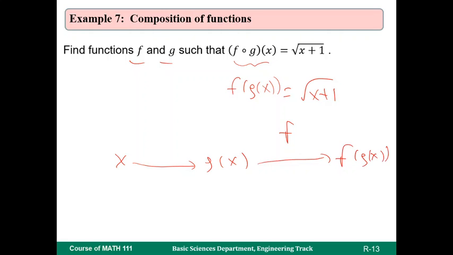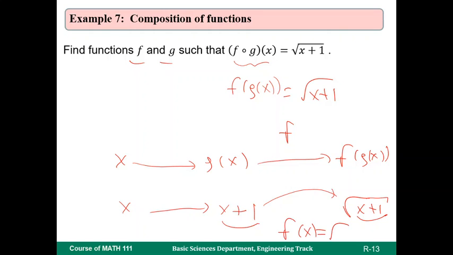For example, take g to be x plus 1, and then how can you get the square root of x plus 1? This function is taking x plus 1 to the square root, so you can say f of x equal to the square root of x.